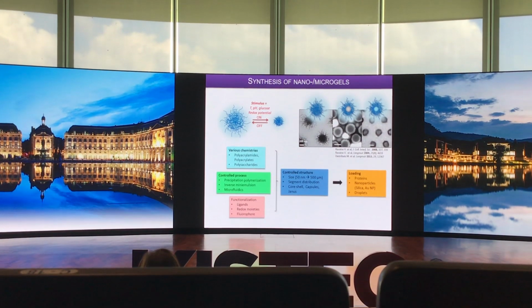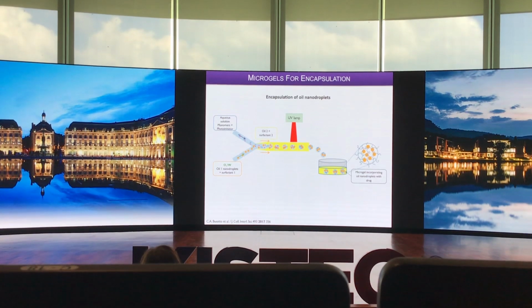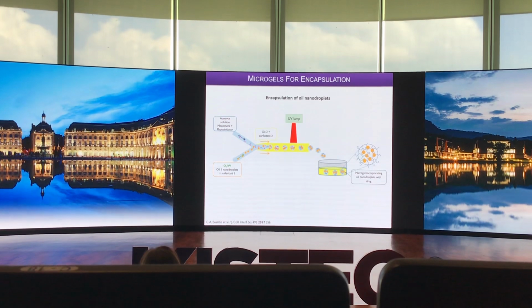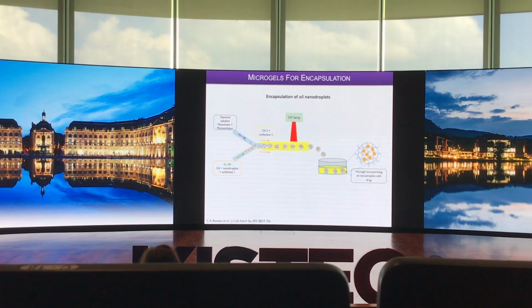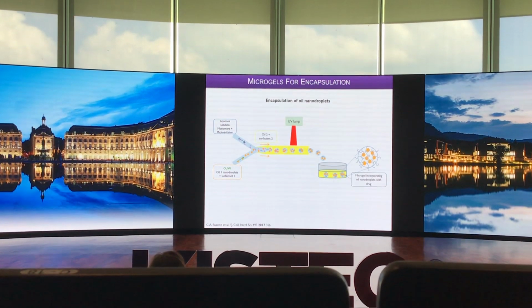So as an example for encapsulation, I wanted to show you that although those systems are highly hydrophilic, and this is what makes them so biocompatible, we can load some hydrophobic molecules.